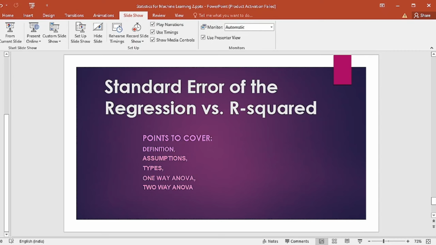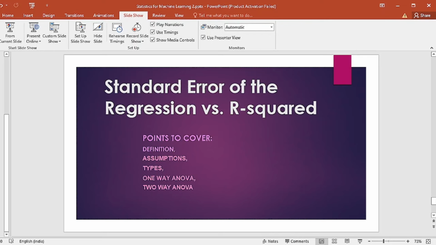R squared lies between 0 and 1, and standard error does not lie between 0 and 1. It can be different as well. The purpose and use of R square is comparison between two models, and standard error helps in determining the precision of the predictions.